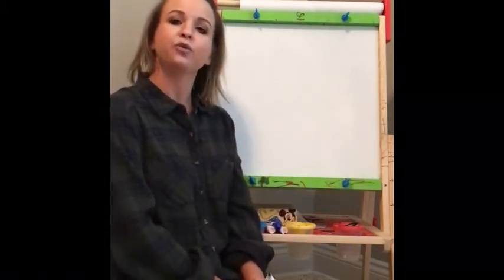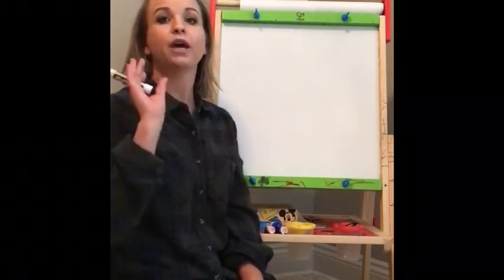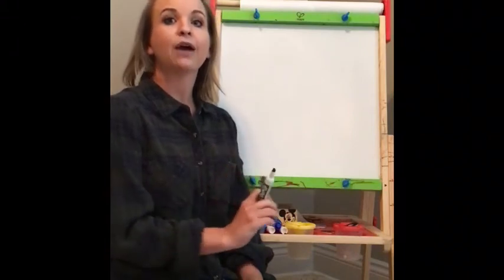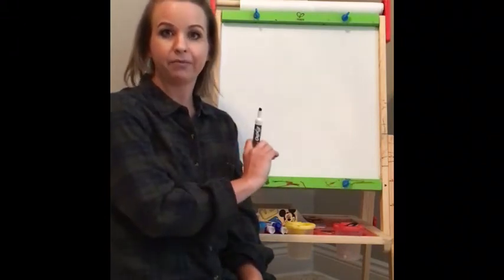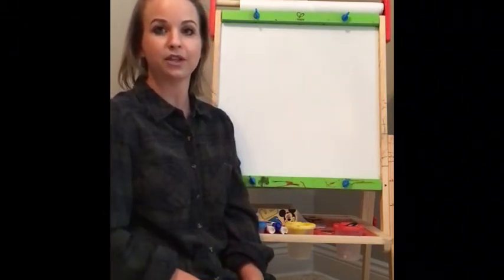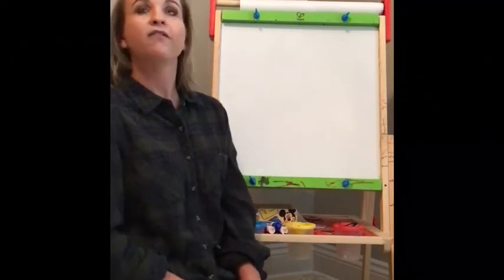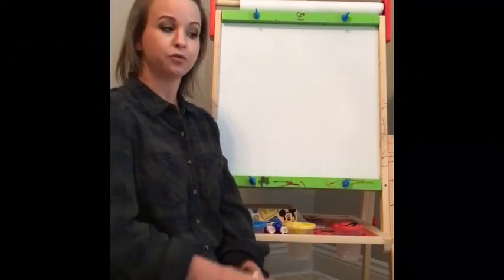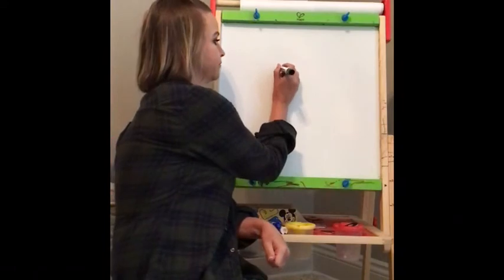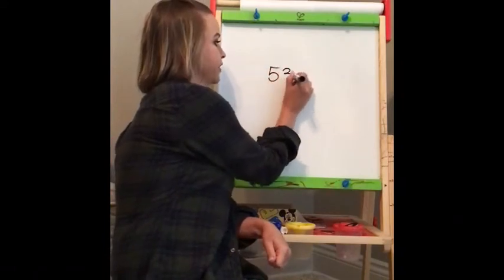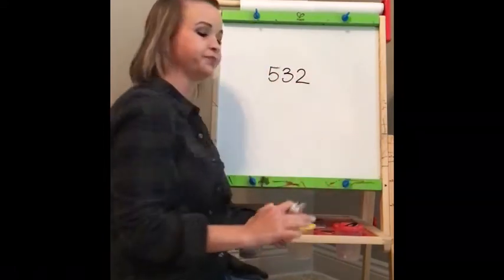First I'm going to call out a number. I want you to write that number down, all right? And then I'm going to give you some things to do with it. So your first number is going to be 532. So write that down, 532, okay?